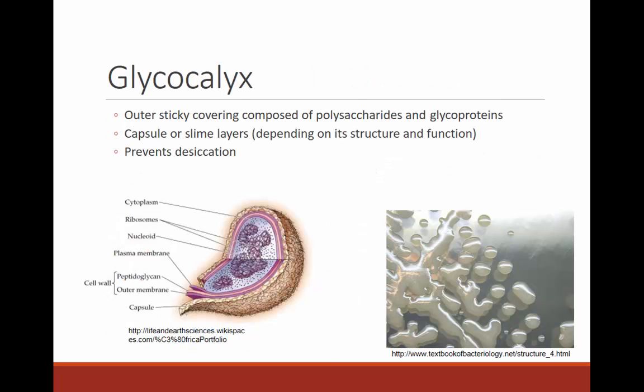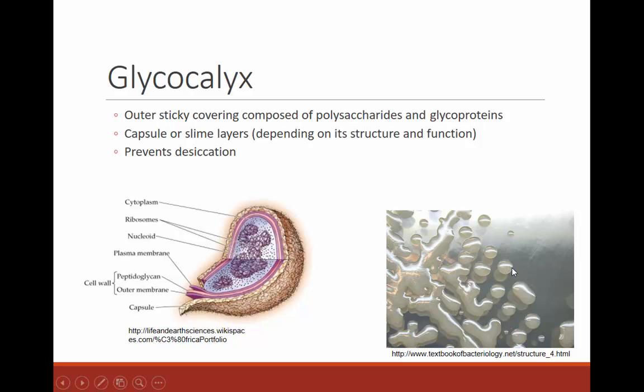But if we start with the glycocalyx, the outside bit, when you do your pracs, you'll be looking at different plates, and you can see these colonies on an agar plate are really glossy, maybe slimy. Glossy and mucoid is the term.